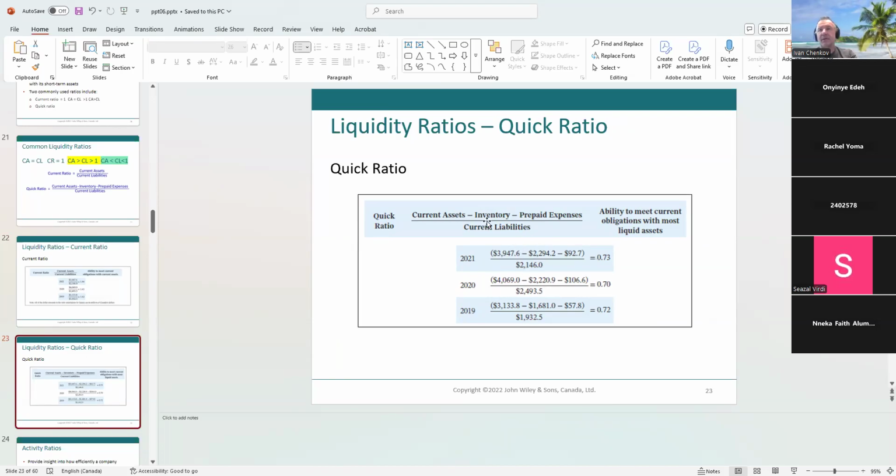It means the portion of the inventory and the prepaid expenses compared to the other assets is a little bit high. But anyway, 0.70 and in that range is not too bad a ratio, let's put it that way. The only thing that we can see is the inventory balance slowly increasing.